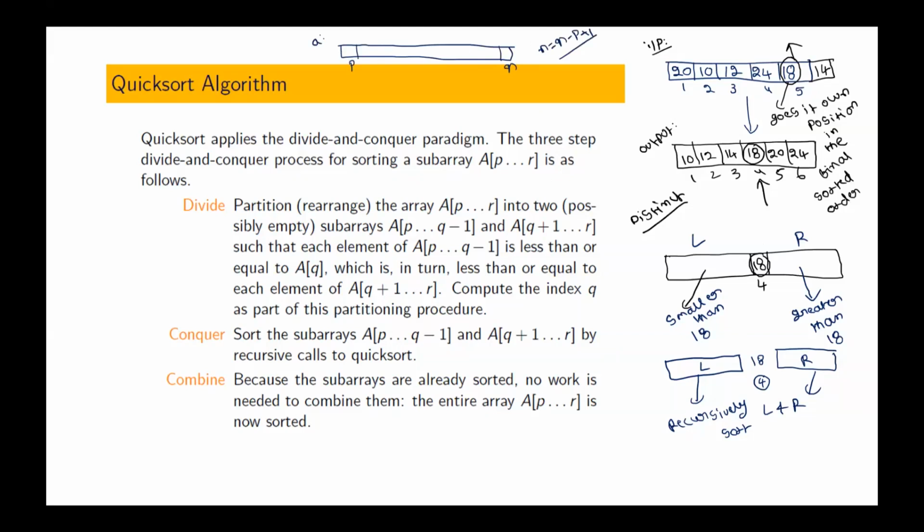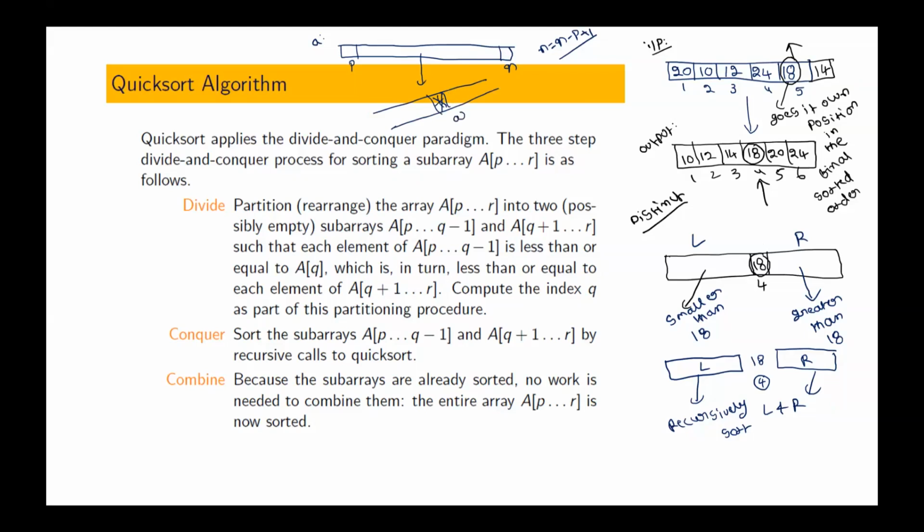We are given some N elements where N is R minus P plus 1. Here we consider one element as the most important element, and if that element has gone to say position Q, whichever element we consider as most important, then what does it mean?